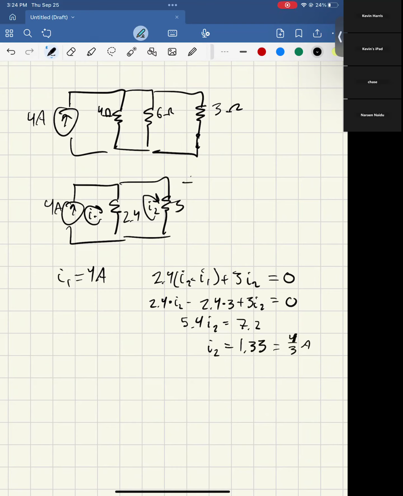So then if we want to find our Vx double prime, which is what we were looking for, right? It's going to be just IR, which is I2 times 3, which is going to be 4 volts, because this is 4/3 times 3.